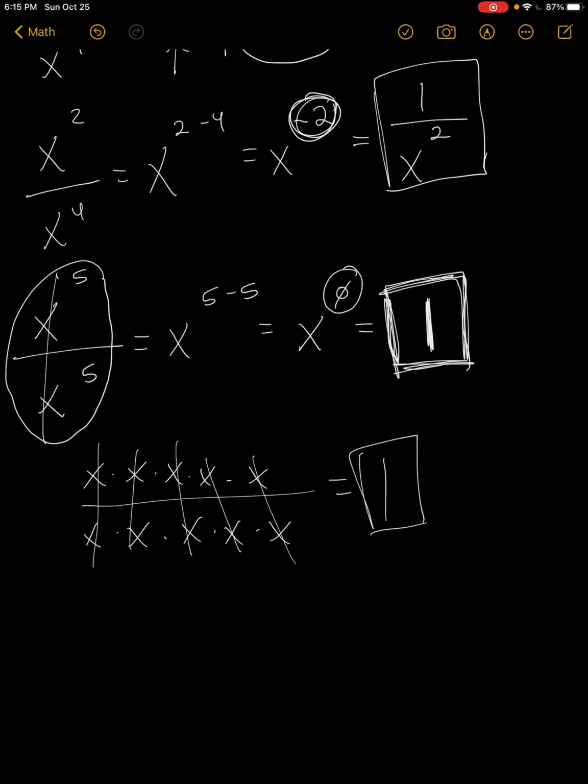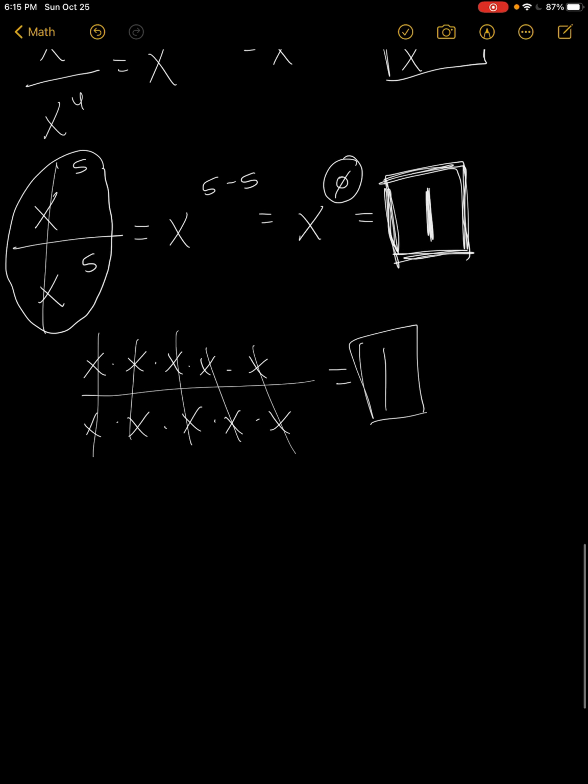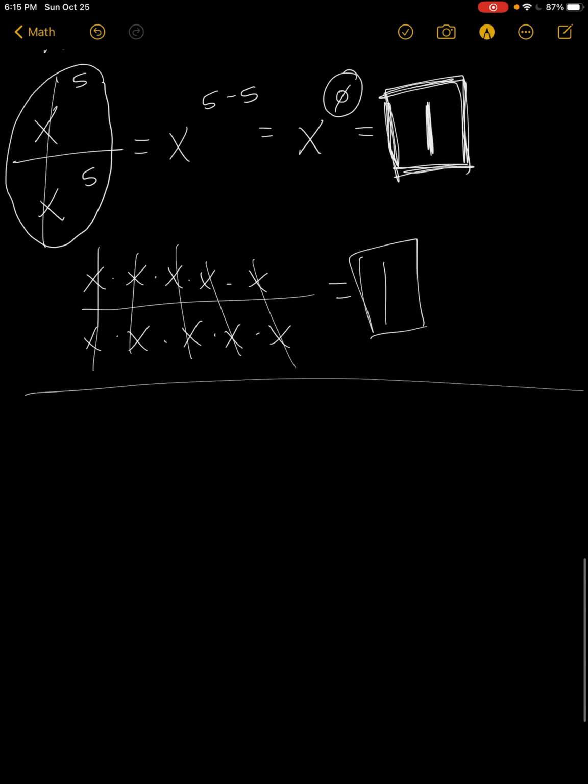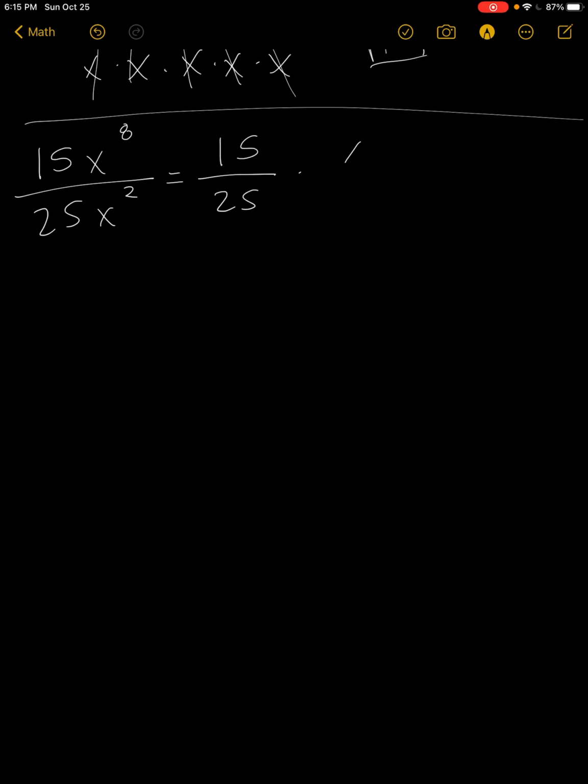Okay, so these are all kind of like tricky exponent rules. So now let's just do some examples. Now we're going to throw in some numbers too, and then we'll also throw in multiple variables. Once you understand the exponent stuff, then it just becomes a simplifying problem. So the way I like to do it is I like to separate out my numbers and my variables.